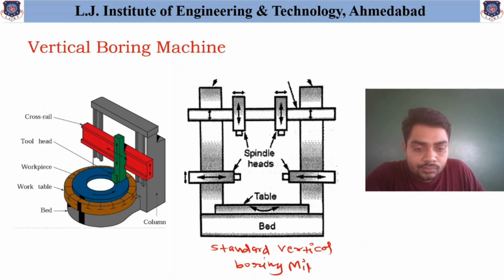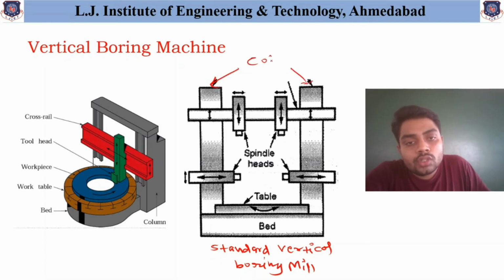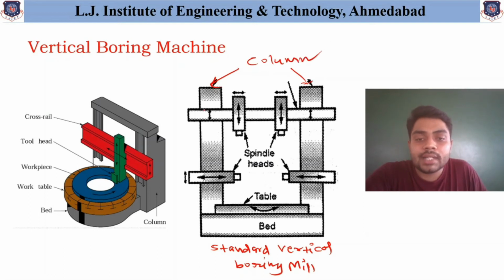Now as you can see, two columns are provided. The use of all the parts is similar, and I am just listing the different parts available over here so it is easy for you to understand.